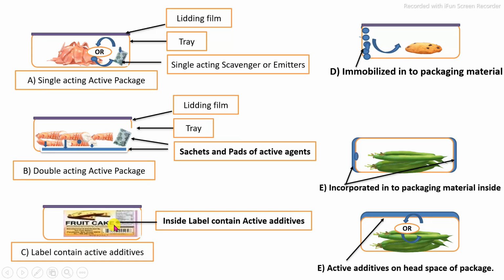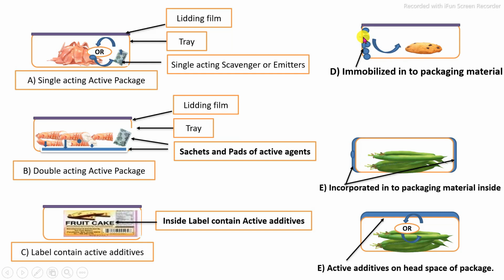Additives may also be applied inside a label, which directly controls the conditions in the packed food. In the fourth system, additives are immobilized into the packaging material, meaning the active additives are directly connected to the inside of the packaging material.